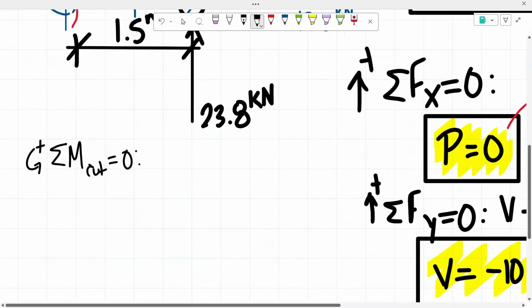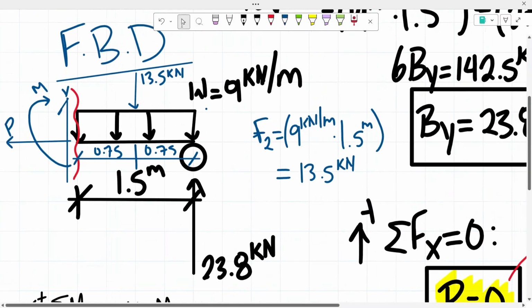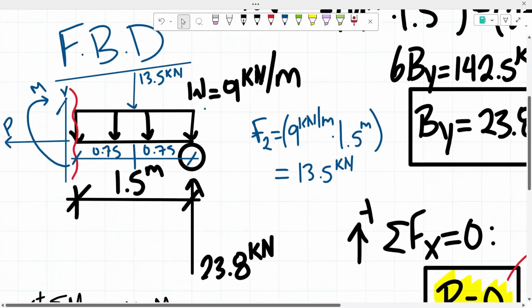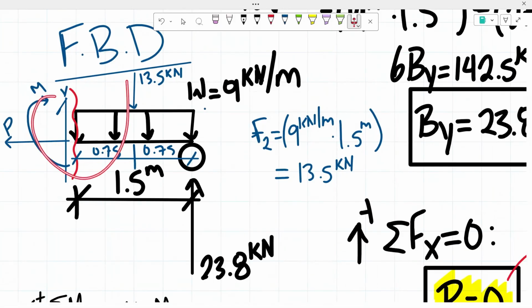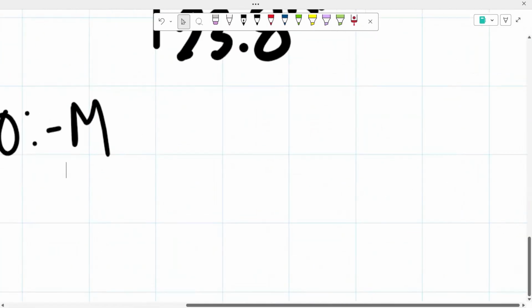So that means that's going to be a negative moment. From there, we have our concentrated force on the right of our cut going downwards. So once again, creating that clockwise moment. So another negative moment with a force of 13.5 kilonewtons and a distance of 0.75 meters.